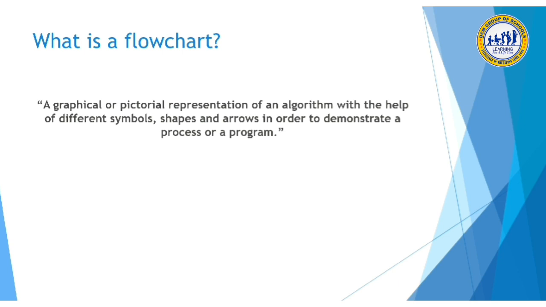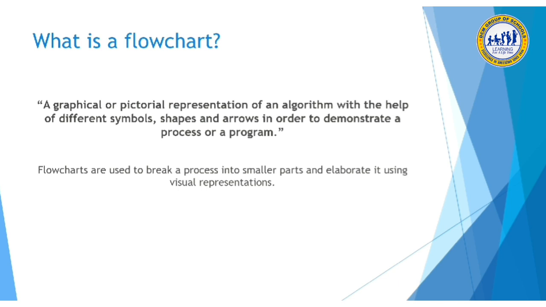While computers work with numbers with ease, humans need visual representation to understand the information well and communicate it effectively. Thus, flowcharts are used to break a process into smaller parts and elaborate it using visual representations.